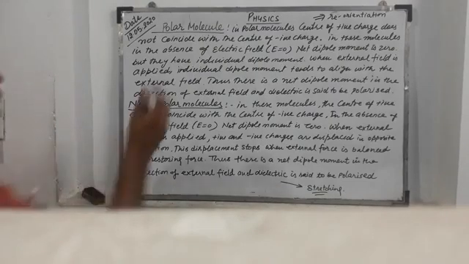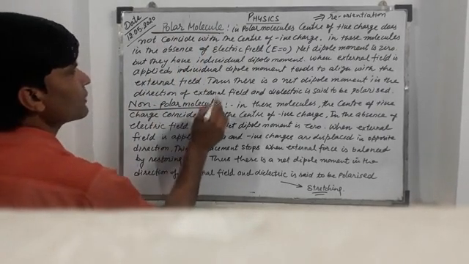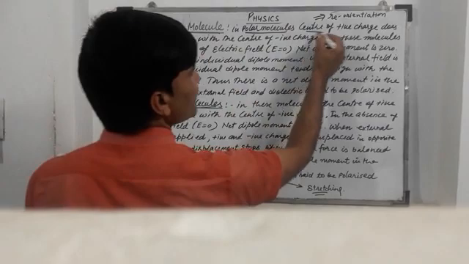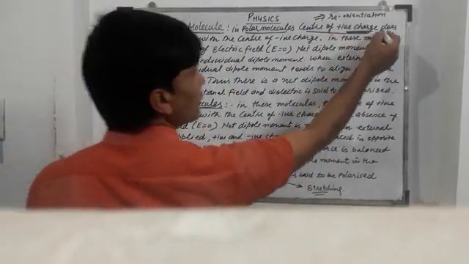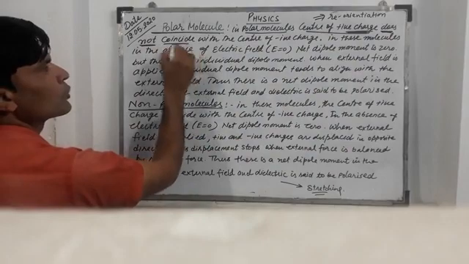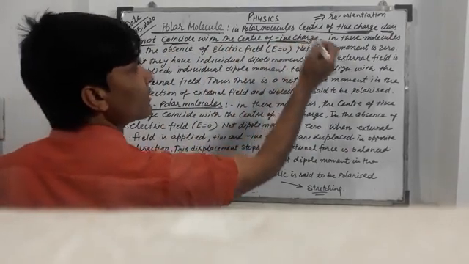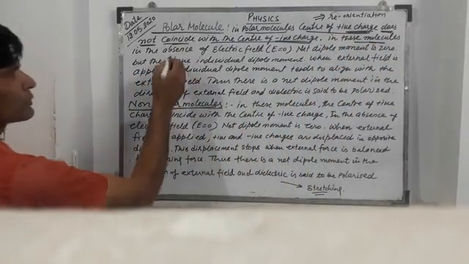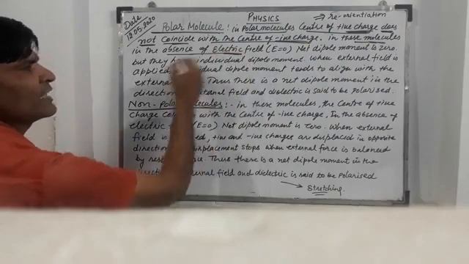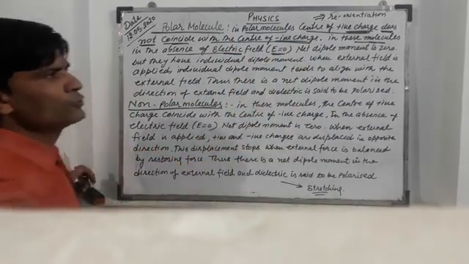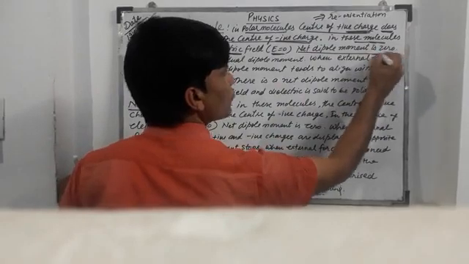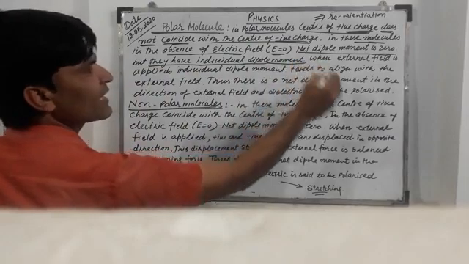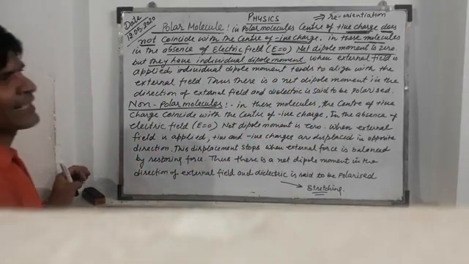Now the polar and non-polar molecules in detail. In a polar molecule, the center of positive charge does not coincide with the center of negative charge. In the absence of an electric field, that is E equal to 0, the net dipole moment is 0, but they have individual dipole moments in different directions.